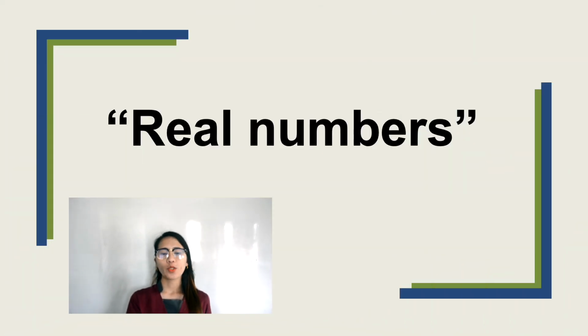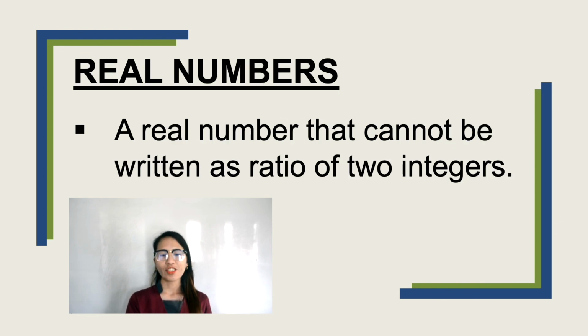But we can assume that it is a real number. Real numbers are numbers including natural, whole, integers, and rational numbers. We can also say that all the numbers that we are using in our daily lives are real numbers.